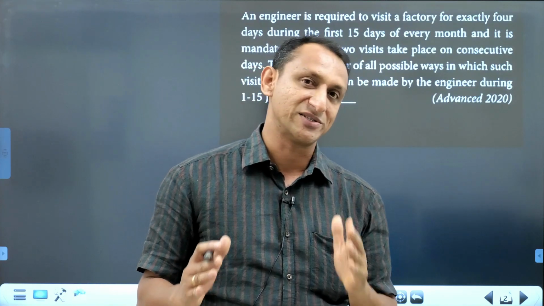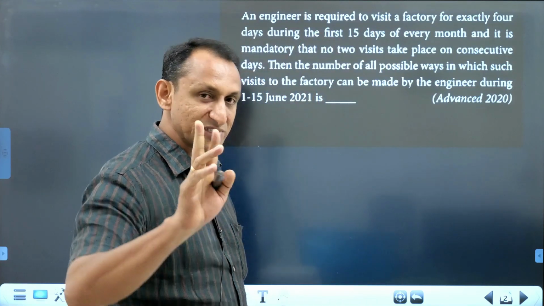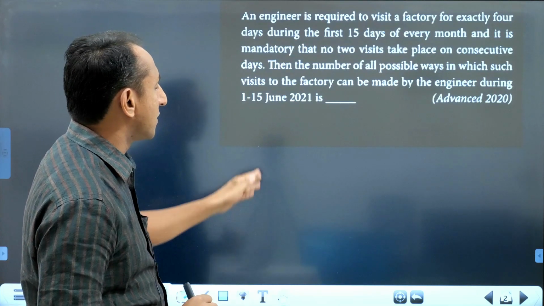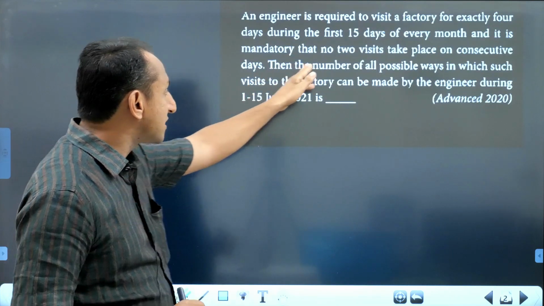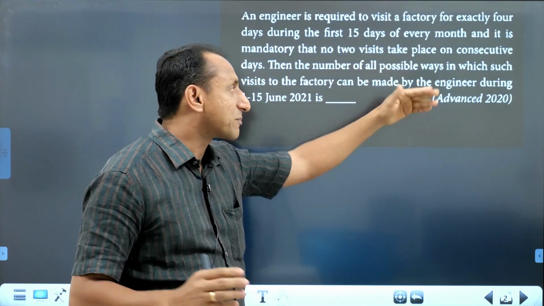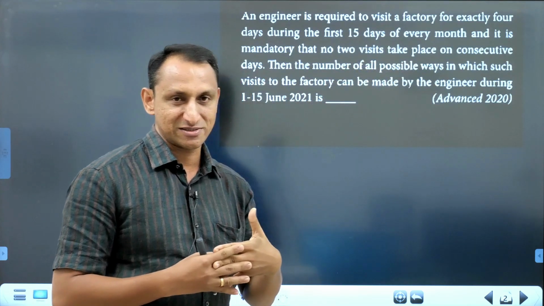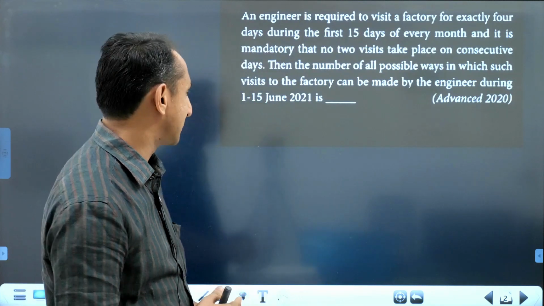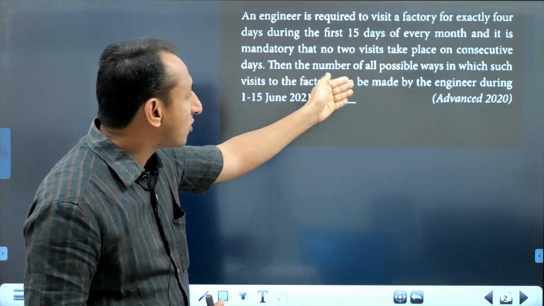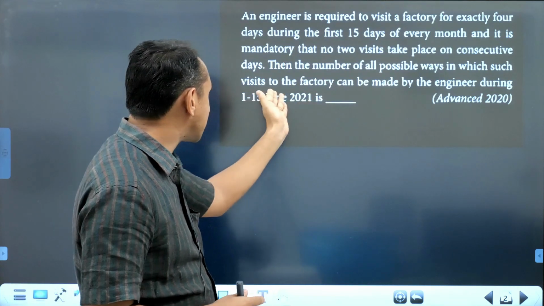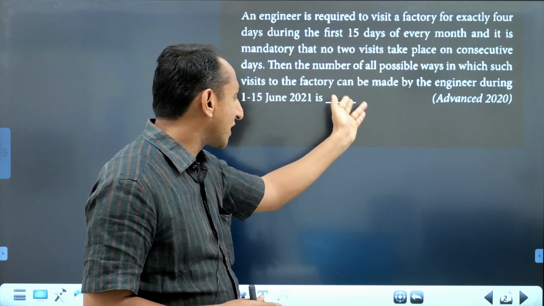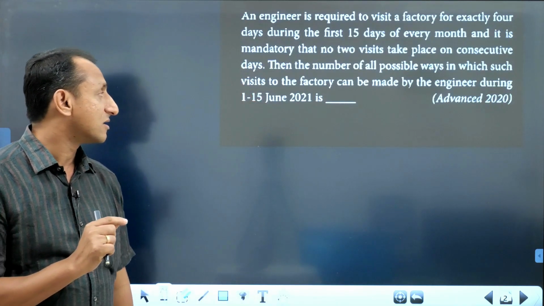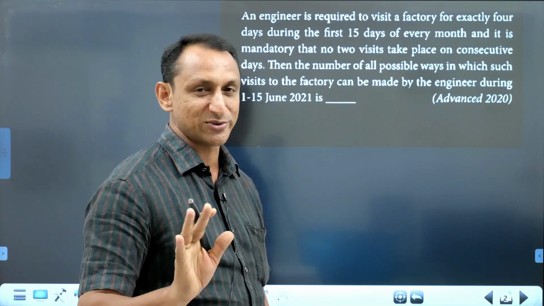It is mandatory that no two visits take place on consecutive days. Then find the number of all possible ways in which such visits to the factory can be made by the engineer during 1 to 15th June 2021.